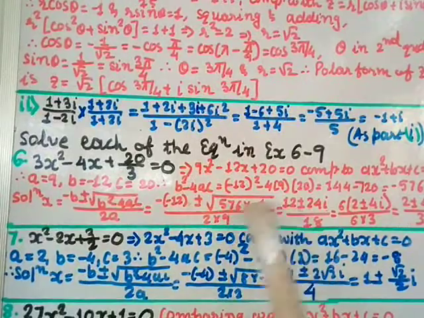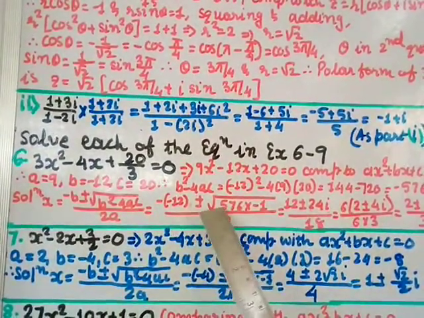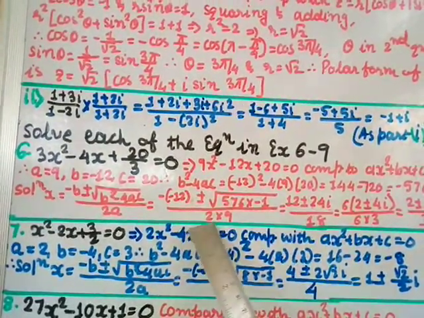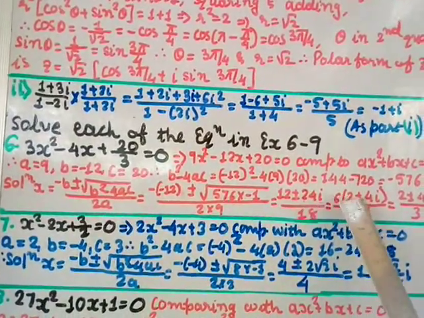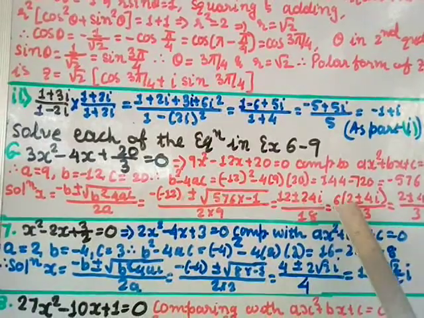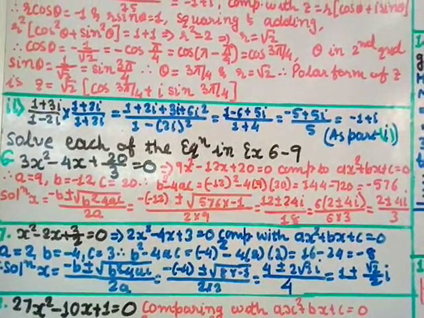So 12 ± i, and this is 576, the square root of this is 24, divided by 2 into 9 is 18. You can take 6 common from here, so you get 6 into (2 ± 4i) divided by 6 into 3. This is 18. 6 cancels, so you get here (2 ± 4i)/3. So that is the solution for question 6.